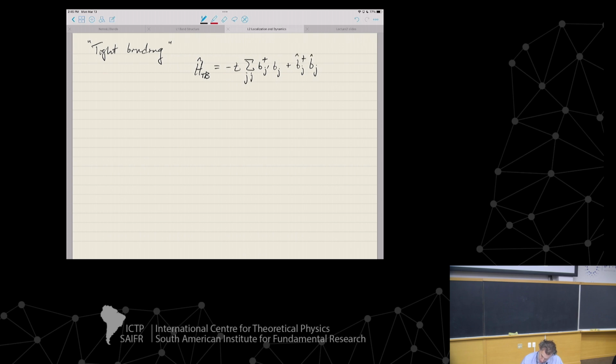Okay, and you see how those are just complex conjugates of each other, and so it's sometimes nice to just write it out in one index. So you could say, let's now just say we're going to sum over j and go to j plus 1.